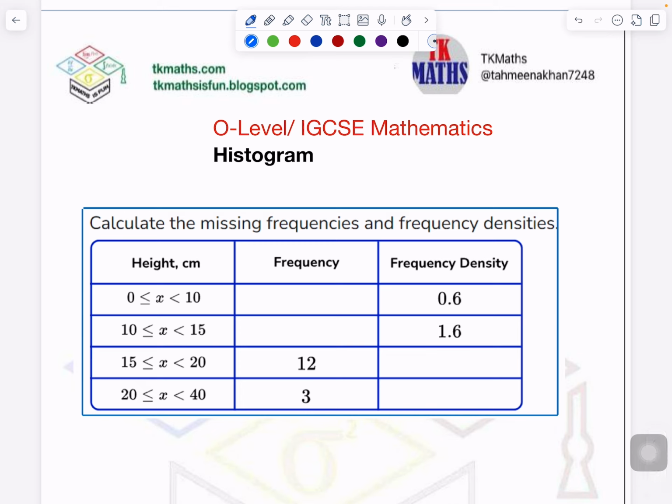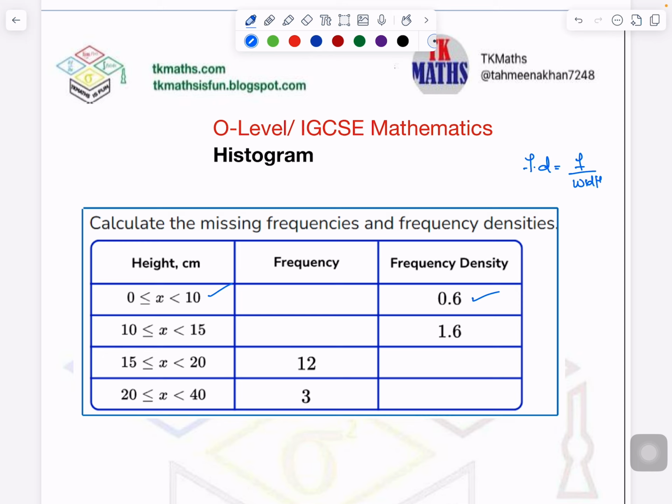You can put the video on pause and fill this in just to have a good grip on the topic. So if the interval is given to you and frequency density is given to you, how will you find out frequency? What was the formula? Frequency density is equal to frequency divided by class width, or width of the interval.